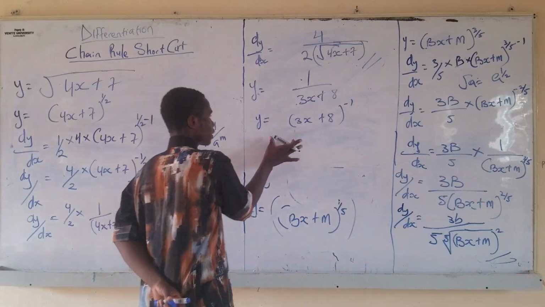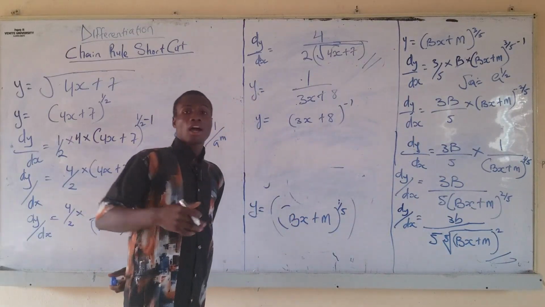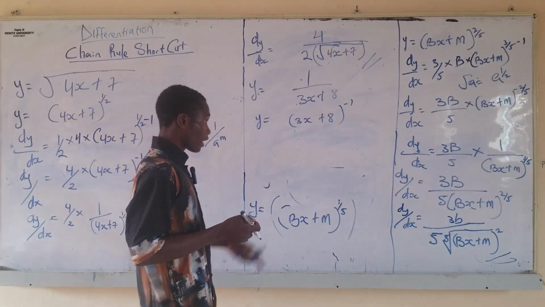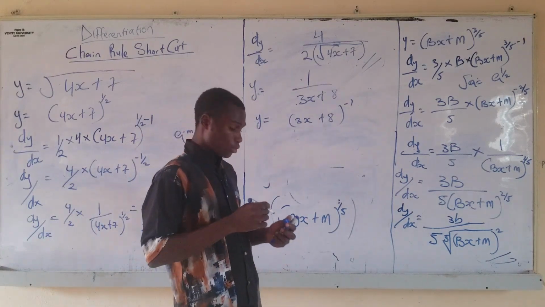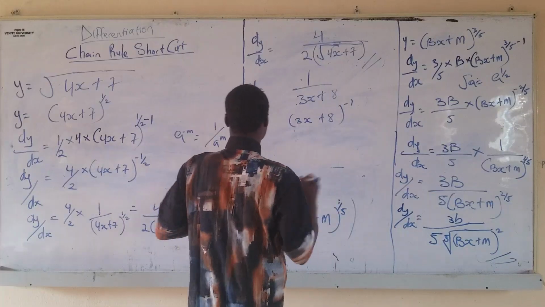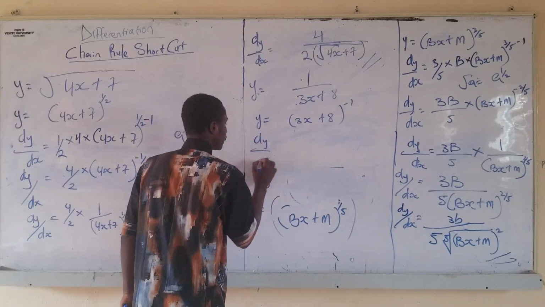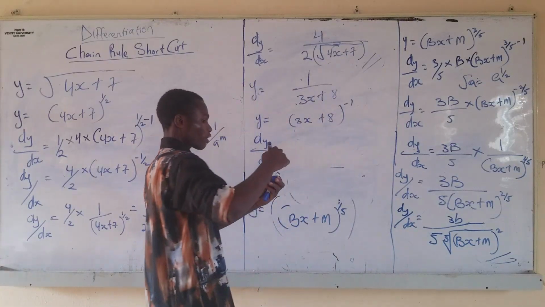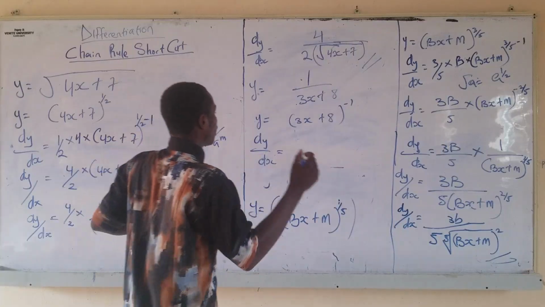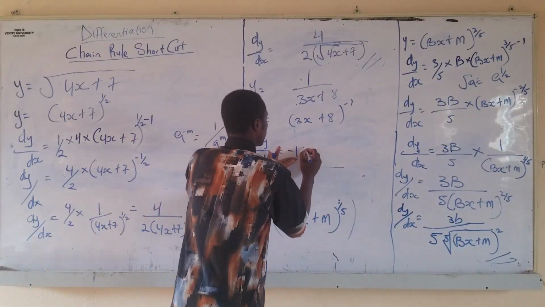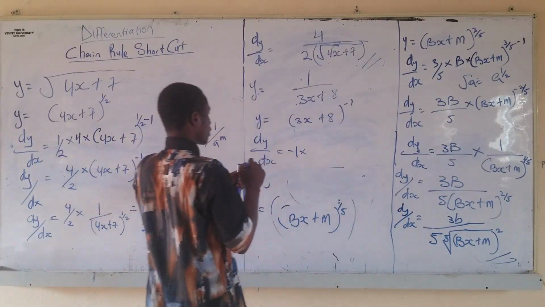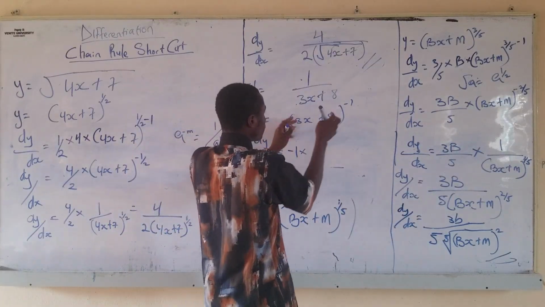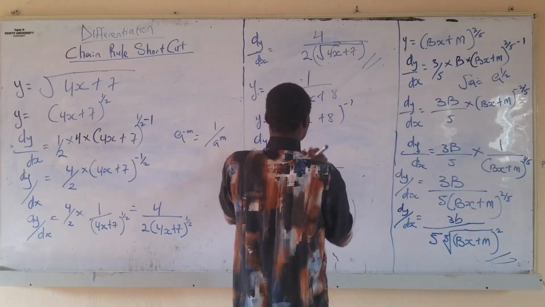Getting to this point, we can now apply our chain rule shortcuts. So dy over dx is equal to: the first step says bring down the power, which is minus 1, times. The second step says differentiate the expression inside the brackets.